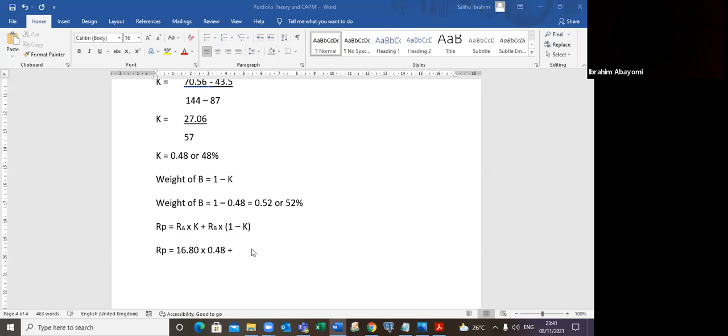So what's our expected return on B? 22.50 times the weight of B, which is 0.52. So the return on the portfolio will be equal to 16.8 multiplied by 0.48. What do we have? 8.064.